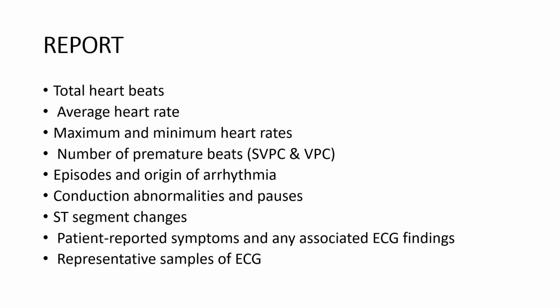So in the report, what do we expect from a Holter report? We expect to have a total heartbeat. When the patient brings back the machine at the end of the recording period, the information is transferred using a USB cord to a system that has the software for analyzing the data, usually for arrhythmia analysis and storage for subsequent interpretation.